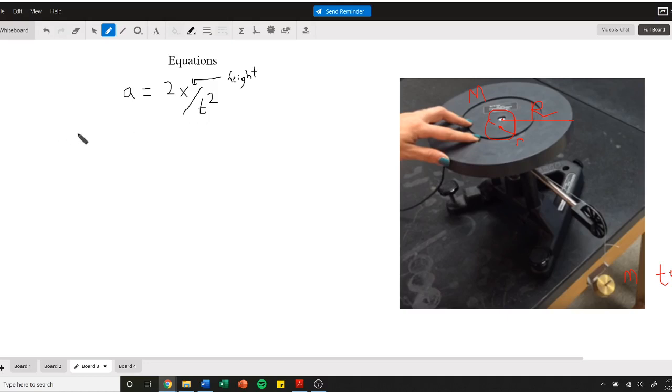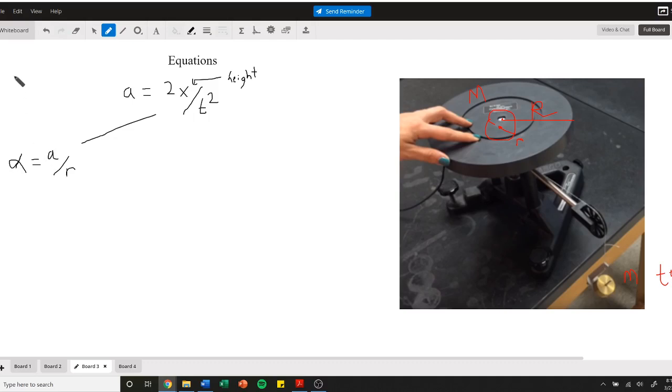We can calculate the angular acceleration. The angular acceleration is acceleration divided by the radius of the hub, small r. Anytime we move from circular motion to regular motion, or from regular motion to circular motion, we divide by r or multiply by r.